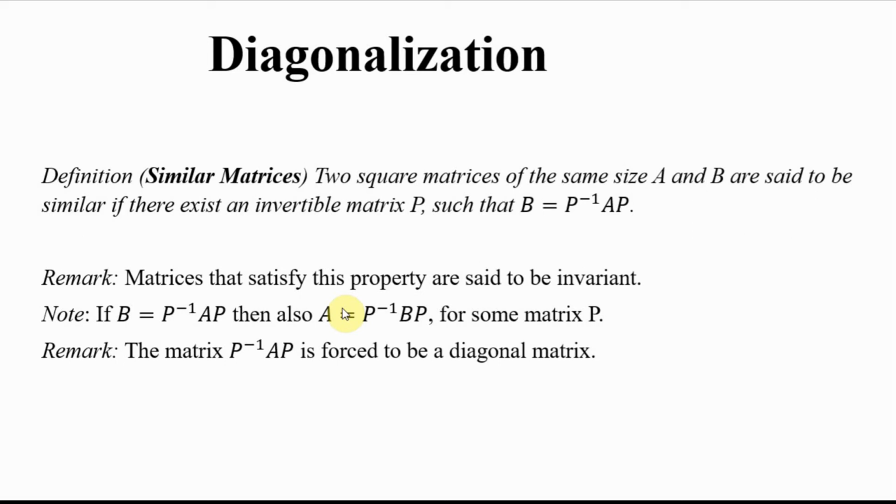Here, two square matrices of the same size, A and B, are said to be similar if there exists an invertible matrix P such that B is equal to P inverse times A times P. The real cool thing about that is that it goes the other way as well: if the matrices are similar, then likewise A is equal to P inverse times B times P. Matrices that satisfy this property are said to be invariant.